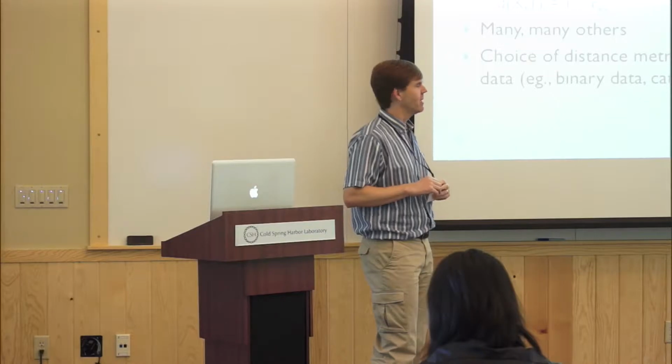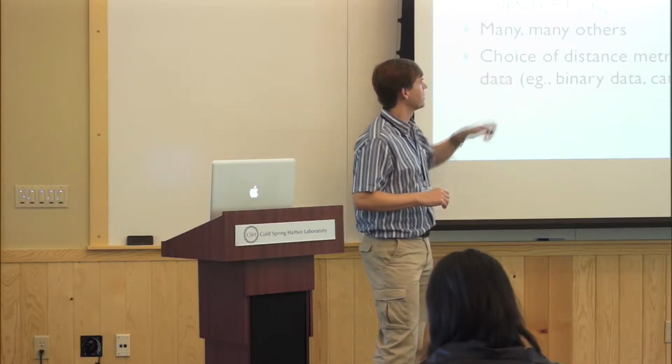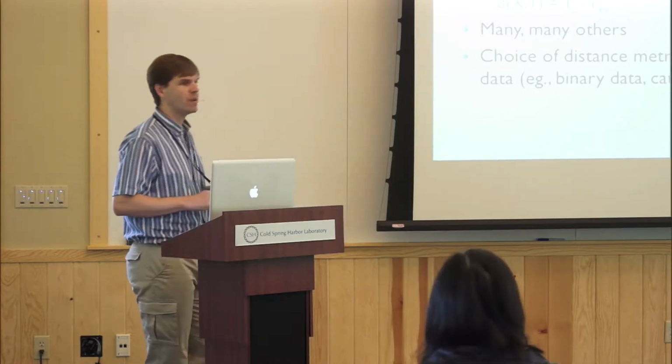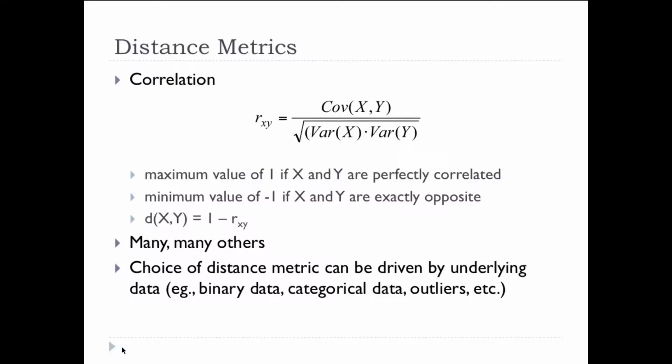So this brings me to the last point here. The choice of your distance metric can and really should be driven by your underlying data. So if you apply, for example, correlation to binary data, you might actually get something that you don't expect. You can't apply correlation to categorical data, not straight out anyway.